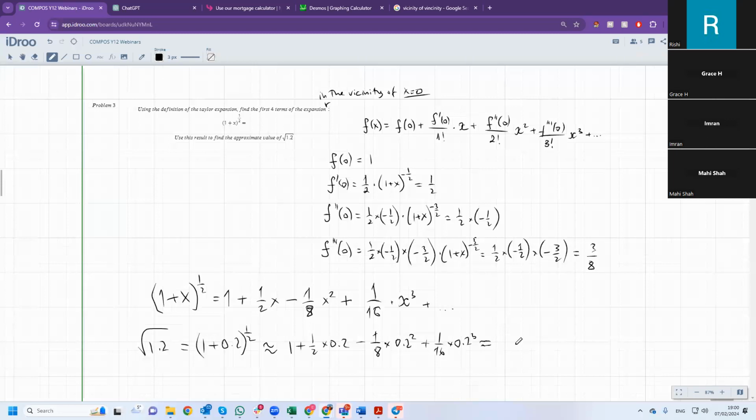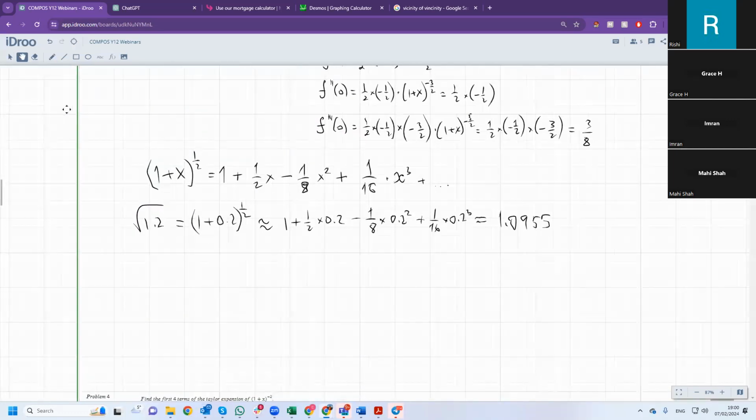And this is 1.0955, and the square root of 1.2 is approximately 1.0954451115.